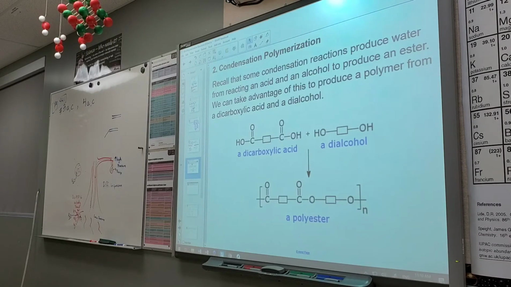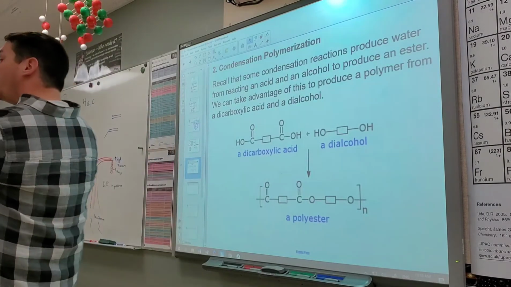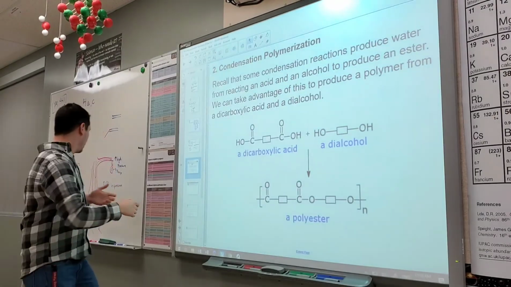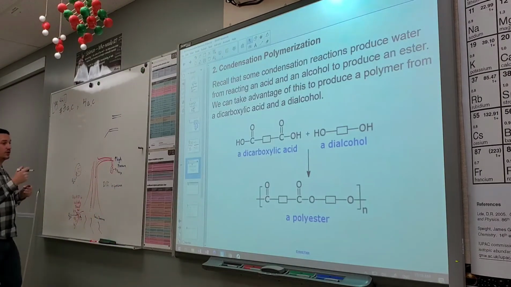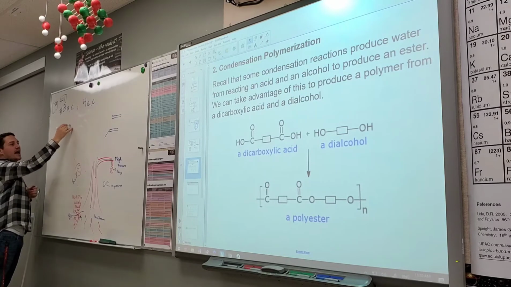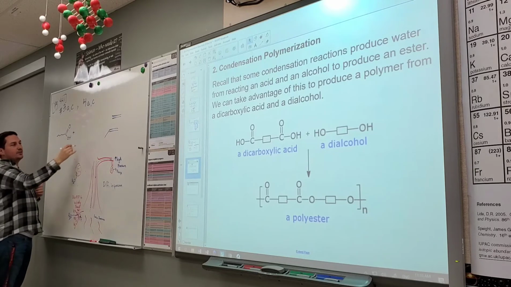Now, if you want to make a polymer using condensation reactions, you need some sort of a molecule that has, well, it's got to have an acid on this side, and we're going to react it with what?